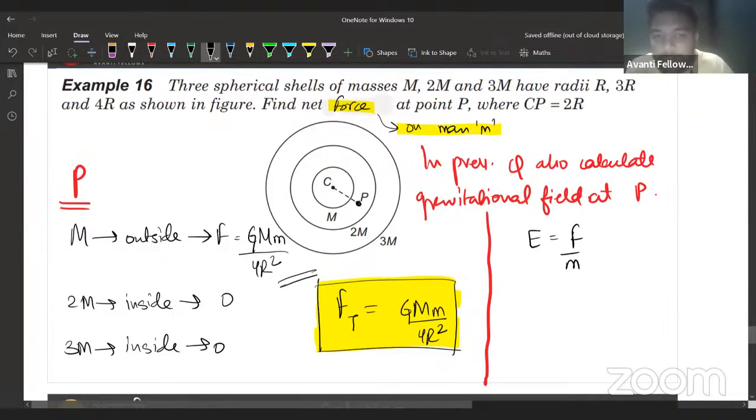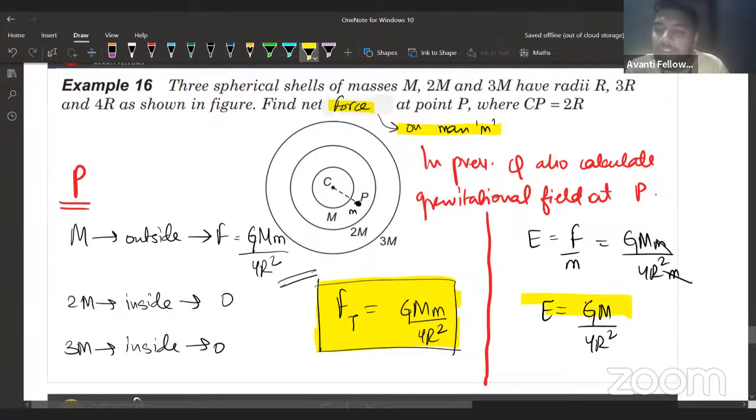At point P we kept a small mass m, so we use that mass because it is experiencing that force. That gives us G M small m by 4r square divided by m. So m and m get cancelled out. The value of E will turn out to be G M by 4r square. Very good, correct answer. Hopefully this is clear.